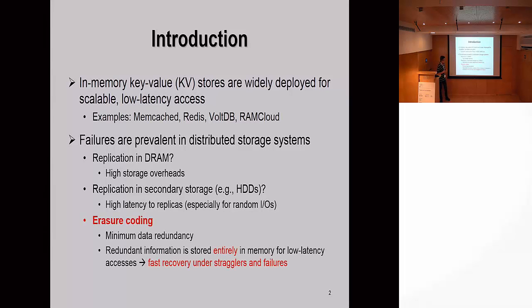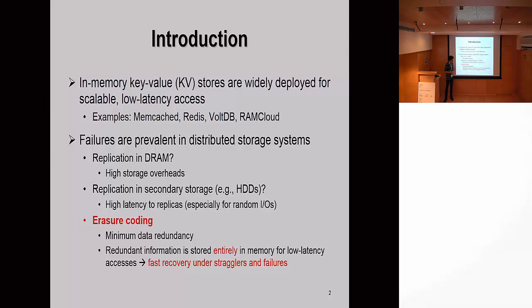Here we try to see if we can use erasure coding in the in-memory KV stores. Erasure coding has the advantage of being storage efficient. It provably introduces minimum data redundancy.